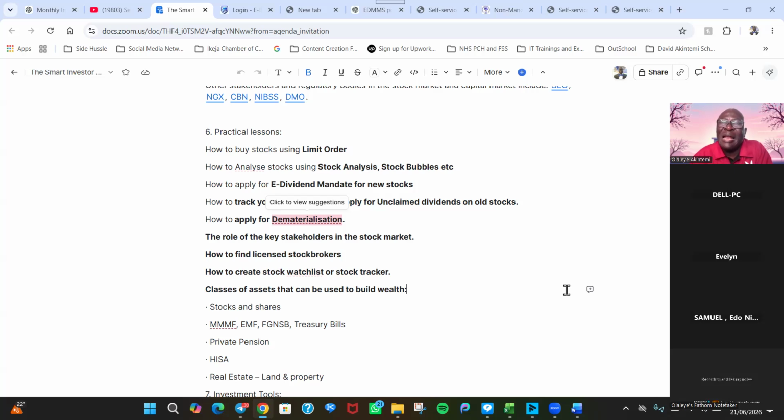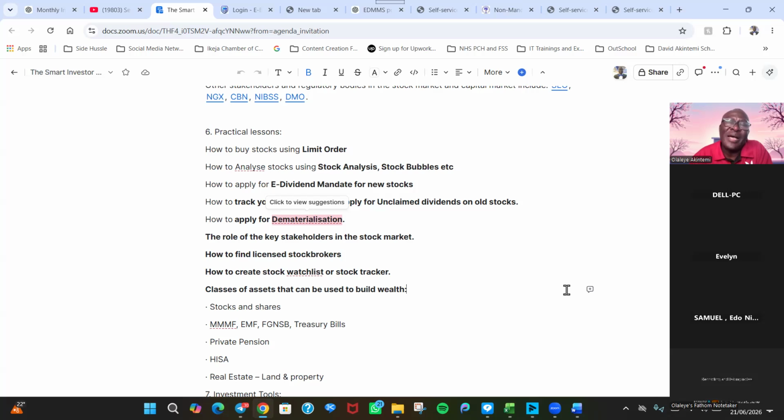This stock has been allocated to you. So I registered with the registrar. I can see the stock on the website of the registrar, but I don't have a stockbroker. So I cannot see the stock on the website of any stockbroker. And I don't have a CSCS account.